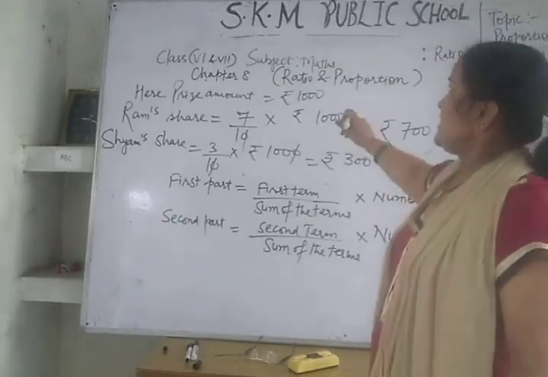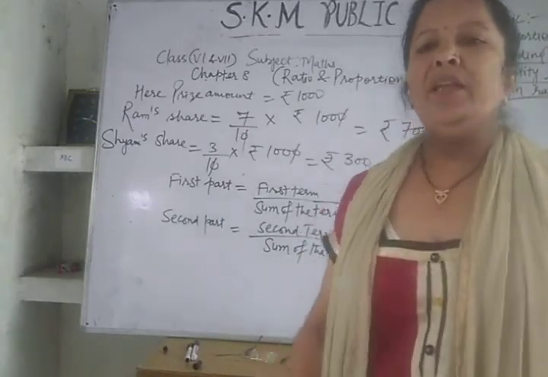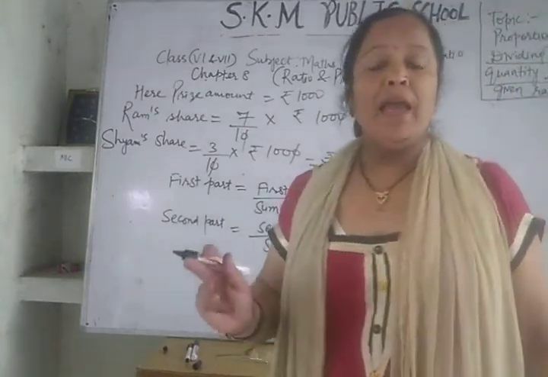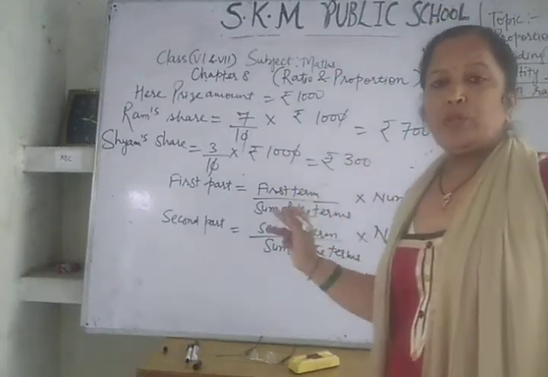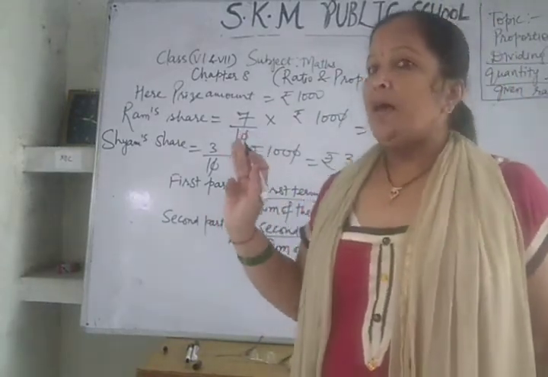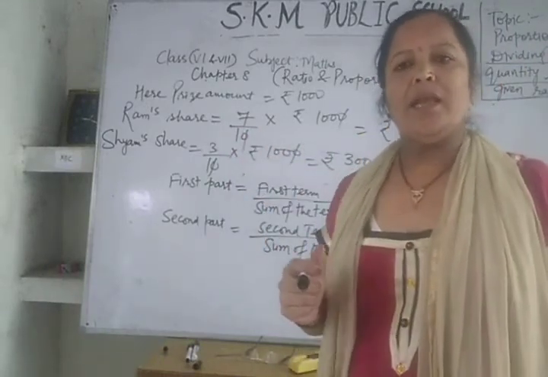In this way, rupees 1000 is divided between two persons, Ram and Shyam, in the ratio 7:3. So Ram will get rupees 700 and Shyam will get rupees 300.